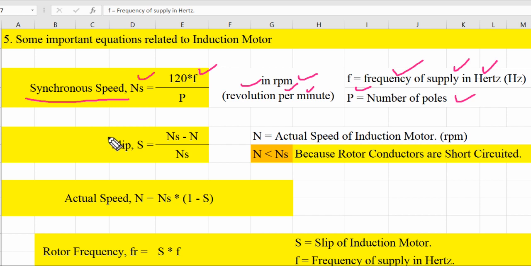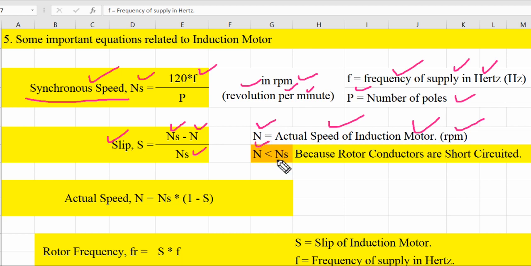The second thing is the slip. The slip is the difference between the synchronous speed and the actual speed, expressed in terms of the synchronous speed. Here Ns represents the synchronous speed, and N represents the actual speed of the induction motor, also measured in rpm.